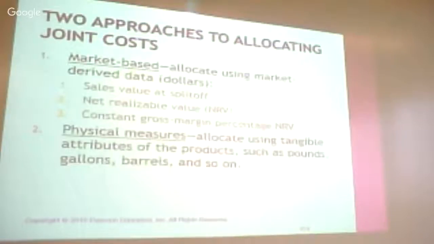And then we have the physical measures, which allocate using tangible attributes of the product, such as pounds, gallons, barrels, and so forth. So first, we either have the market-based or the physical. Market is based on dollar amount, and physical is based on the actual product itself. Okay.